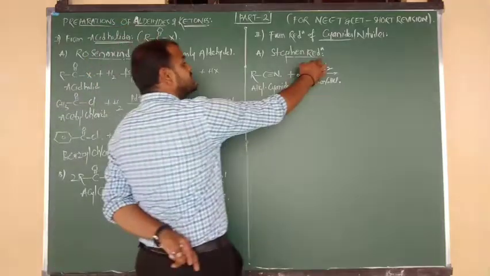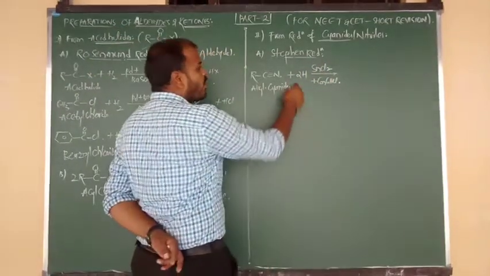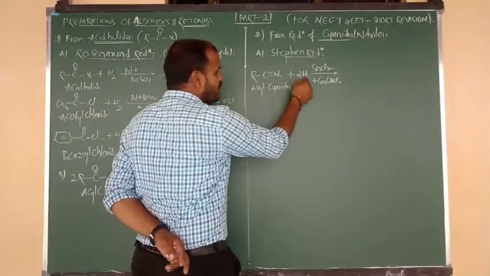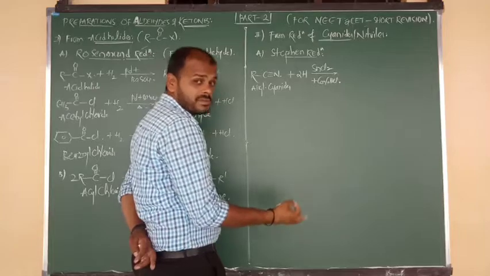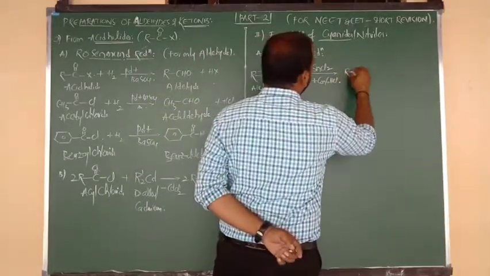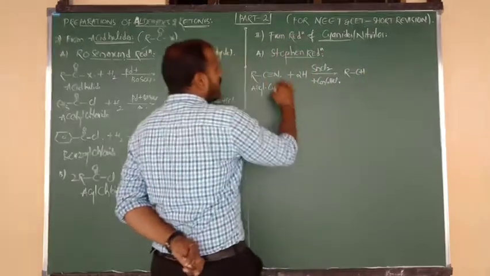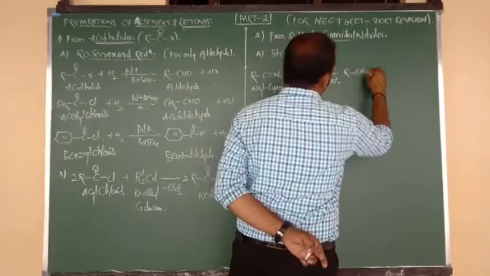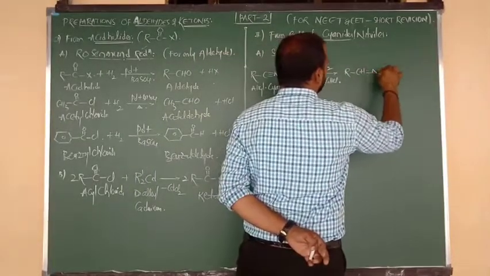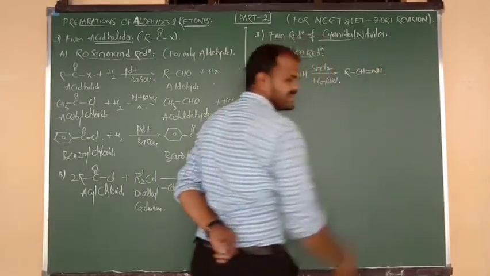In the presence of this Stephen reducing agent, one of the hydrogens is given to C, it becomes CH, and one more hydrogen is given to N, it becomes NH, and the triple bond becomes a double bond. So we can write R bonded to CH double bond NH. Understood?